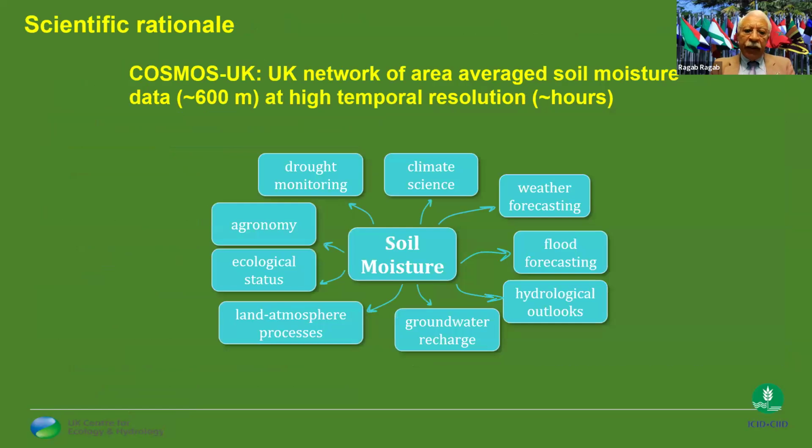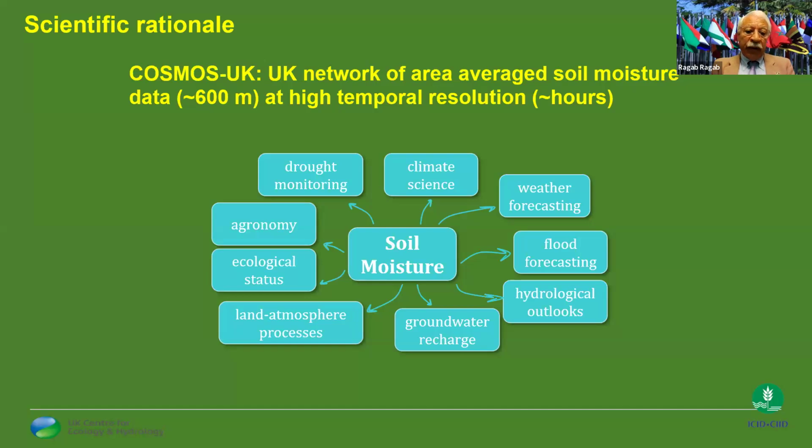Here in the UK, our irrigation is mostly supplementary, and our agriculture is more rain-fed. But soil moisture here is important for other things like surface runoff generation.